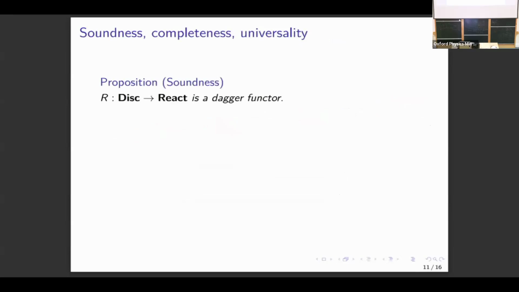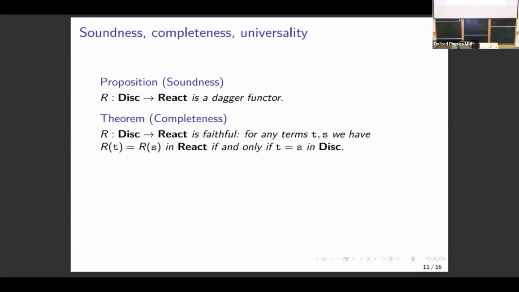All right, and with this we can wrap up with the big results. So first is soundness. That one is hopefully something that if I gave you the mathematical definition, then anybody from this audience could just sit down and show that the equations are indeed preserved. So it's indeed a dagger functor. Every one of these horrible lists of equations that we saw a couple of slides ago is indeed preserved and valid in reactions.